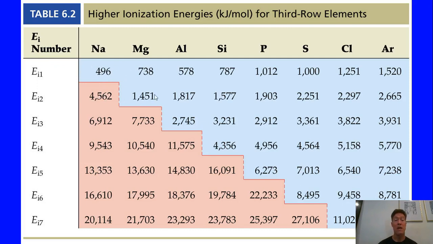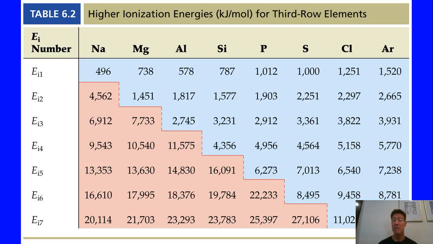Here you have 2 easy electrons to grab before you get to this high energy jump. Here you have 3 electrons you can get before you have this massive energy jump. In silicon, you have 4 easy electrons before you get to the massive jump, and that corresponds to silicon's 4 valence electrons. Okay, phosphorus has 5 before you get to its jump. It has 5 valence electrons. Sulfur has 6, and you can see it has 6.